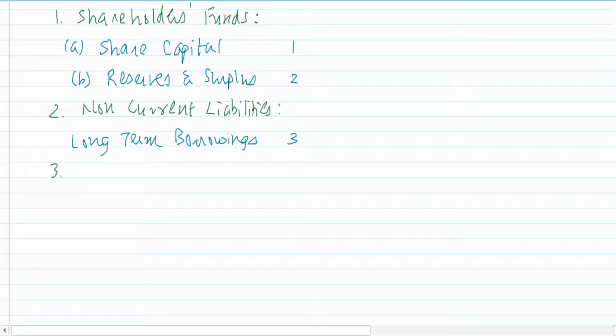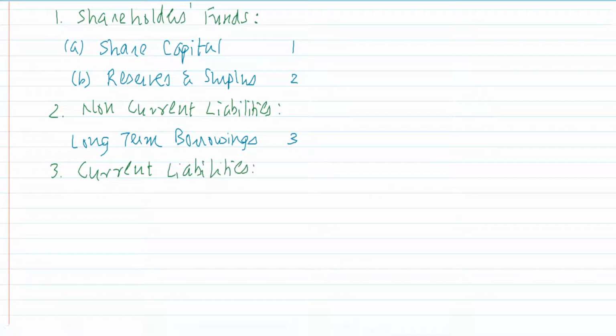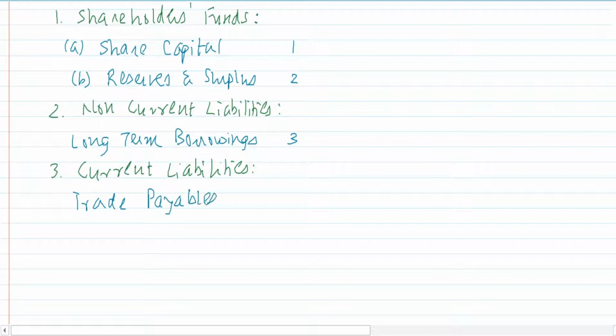Our third head is current liabilities, right? Under that, we say trade payables and then others.